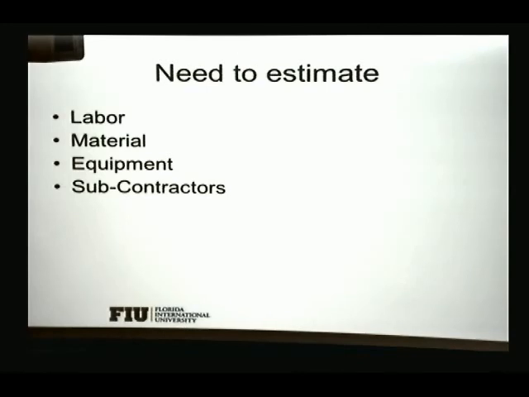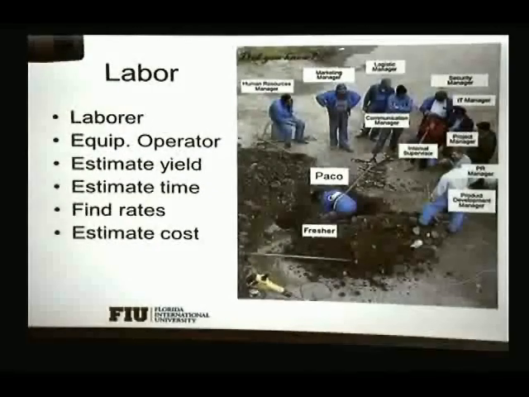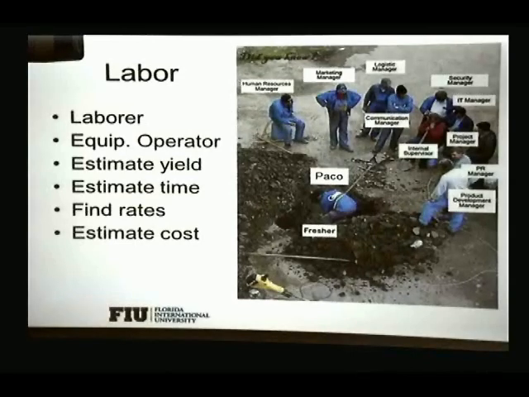Equipment is very important, including fuel, operator, maintenance, and so on. And sometimes people, depending on the situation, will just hire a subcontractor that will do that work. So then all those costs are in your subcontractor specifications of responsibility. And for labor, you have to figure out the equipment operator, estimate the times, rates, the cost.